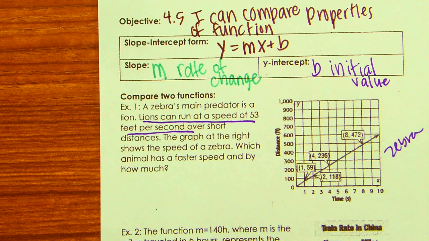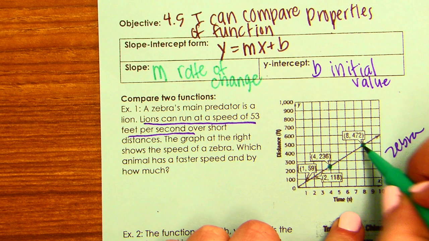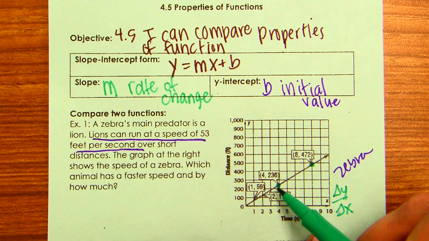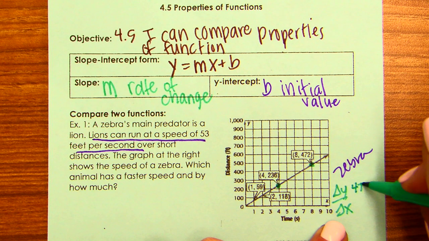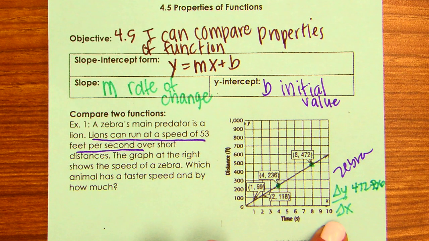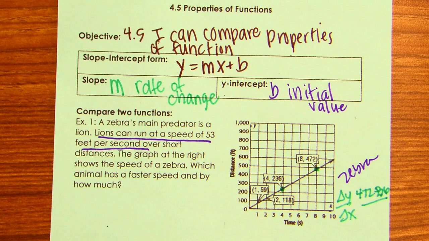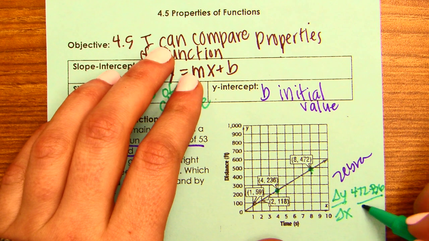So I can pick any 2 points. I'm going to pick this point and this point. And to find the rate of change, I do change in y over change in x. So from this point to this point, I go from 472 to 236. So on my change in x, I subtract 8 to 4.